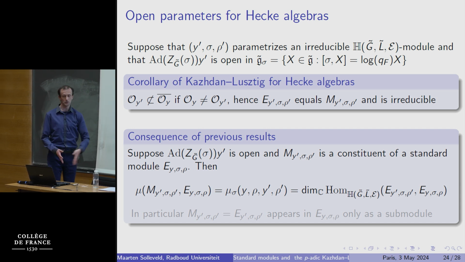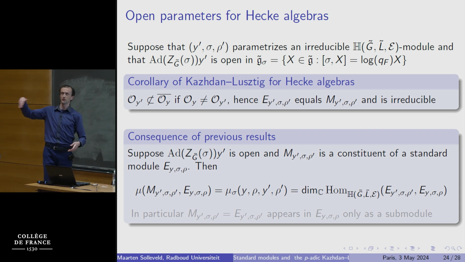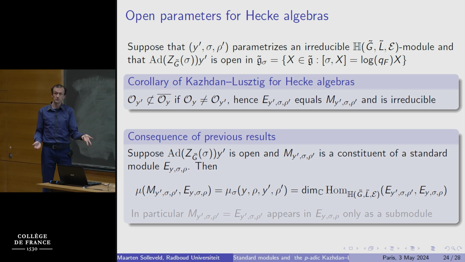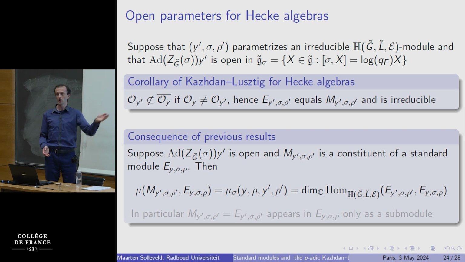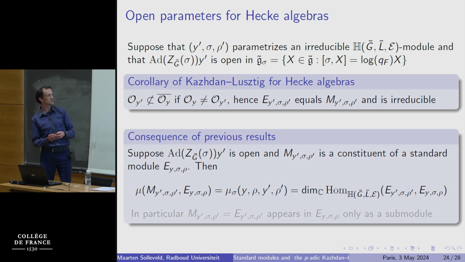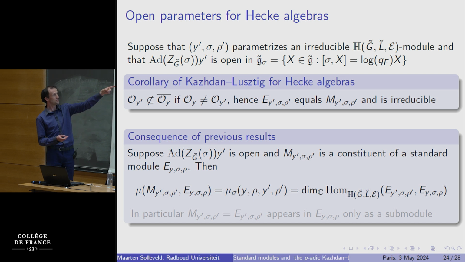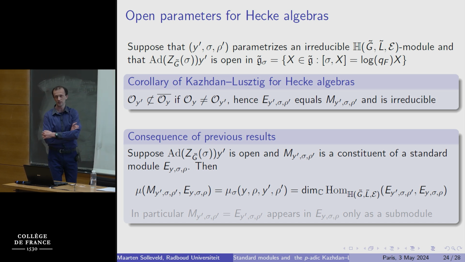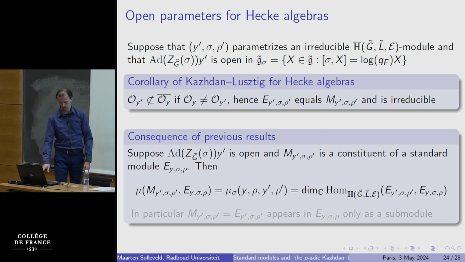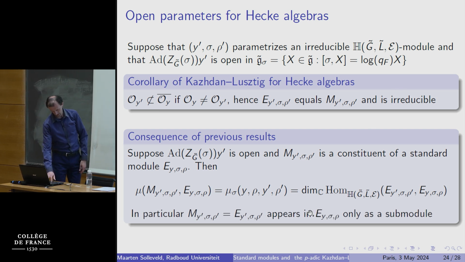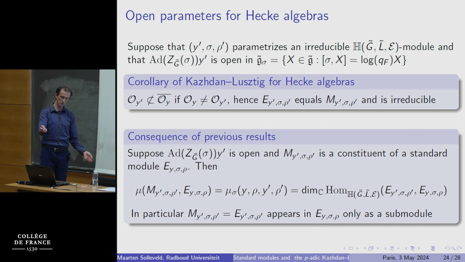Well, you can promote this result by checking, okay, suppose you have one standard module, inside there you have another standard module, and this other standard module comes from a parameter which has an open nilpotent part, then in fact the same considerations tell you that the number of times the one thing occurs in the other is already accounted for by homomorphisms from one standard module to the other, and as a consequence the irreducible module from an open parameter, if it appears in another standard module, can only appear as a submodule, coming from a concrete map from one standard module to another standard module.